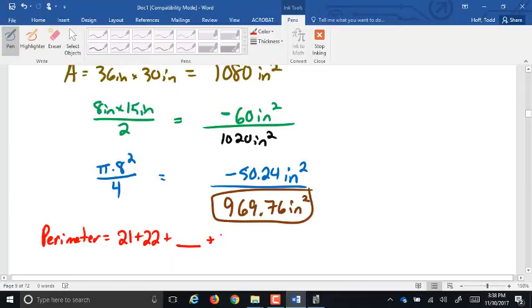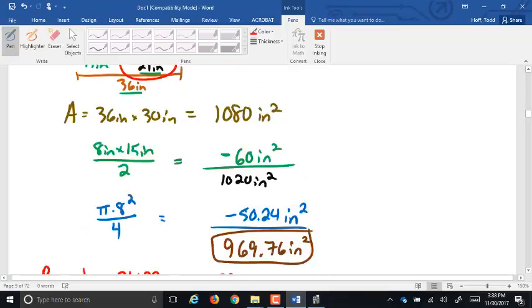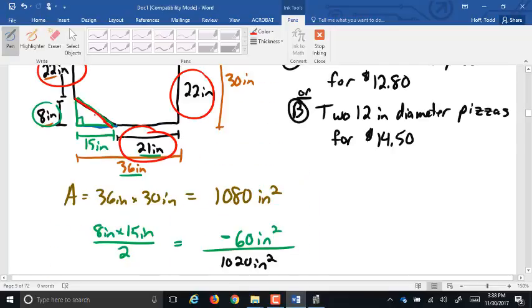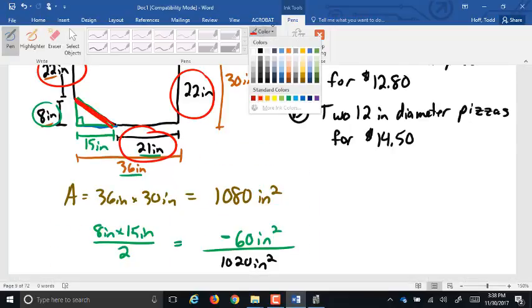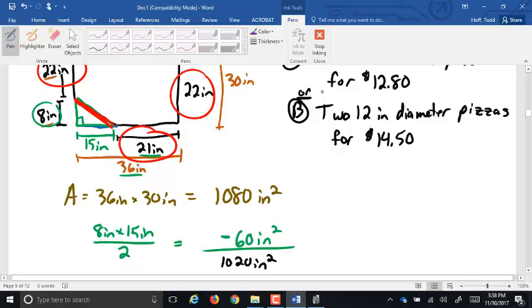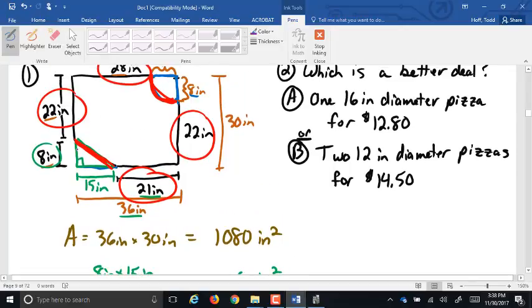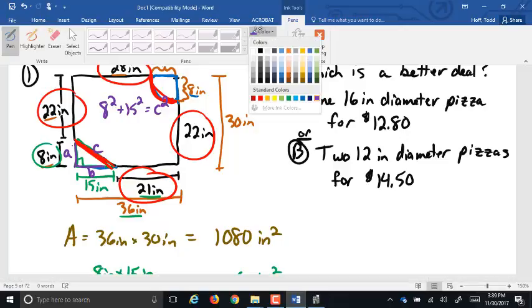So that's that piece from the circle, 28 and 22. And we have this slanted surface across here. We know how to find that slanted surface because this is a right triangle. A is 8, B is 15, and we're looking for the hypotenuse, which is C. So 8 squared plus 15 squared equals c squared.